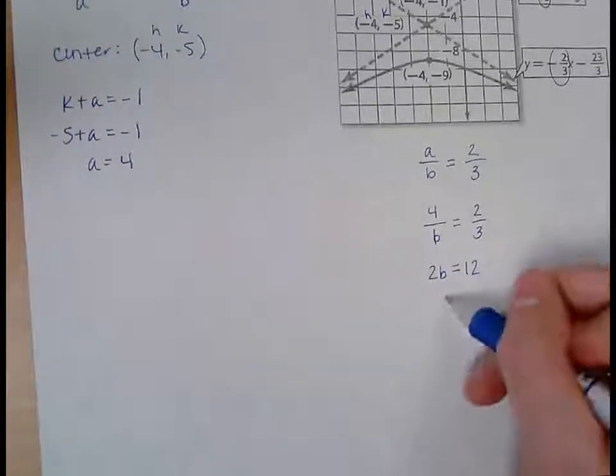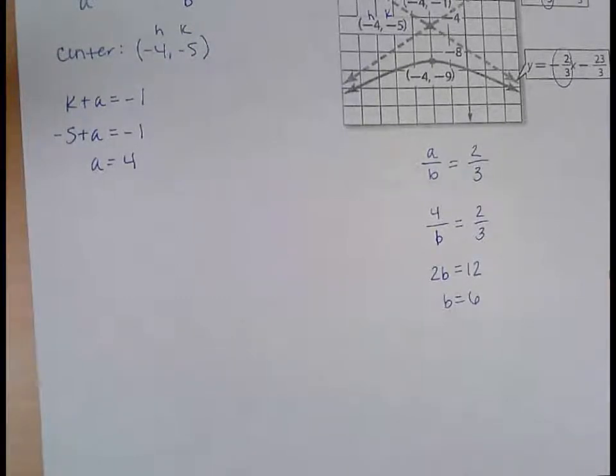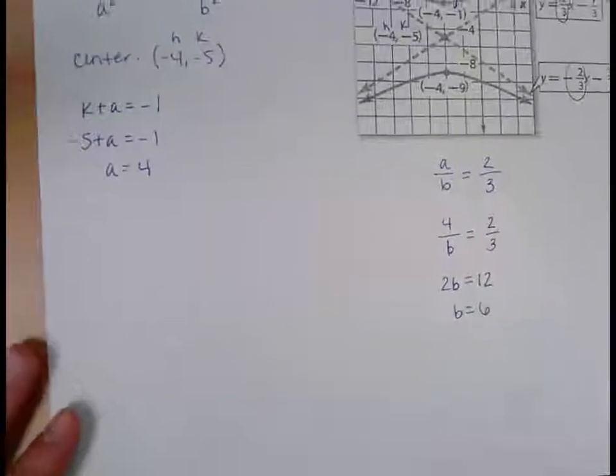Then I would divide by 2, so b is 6. If you're given the equations of the asymptotes, you can use the slope to find a or b, but you would have to know one of the two. You would either have to know a or b to be able to set up a proportion.